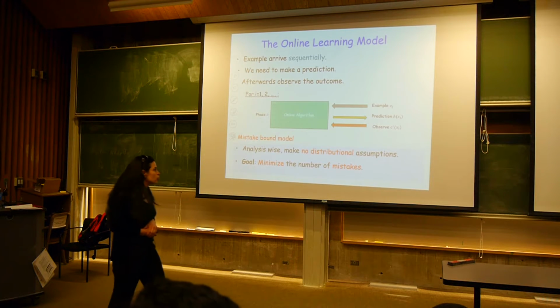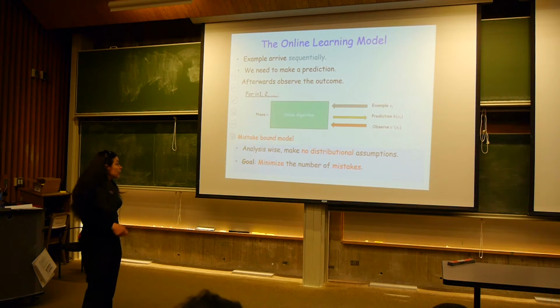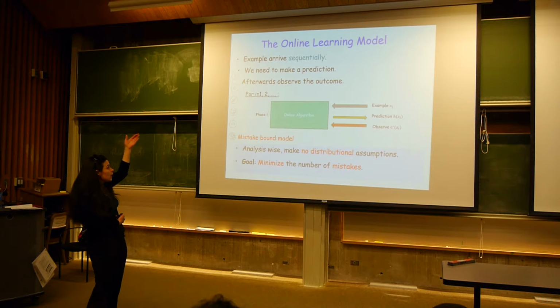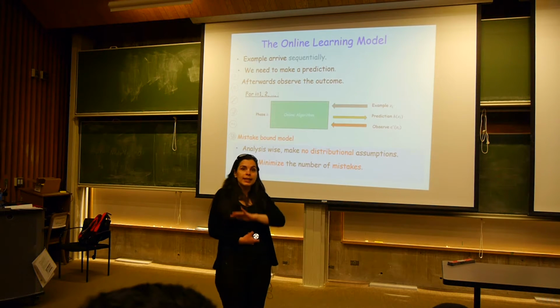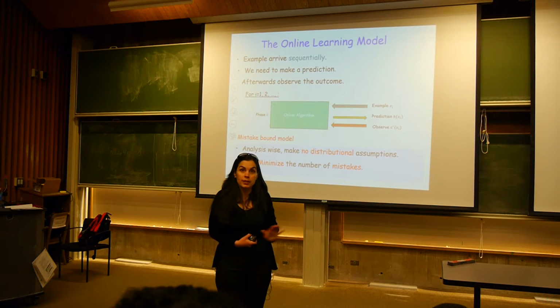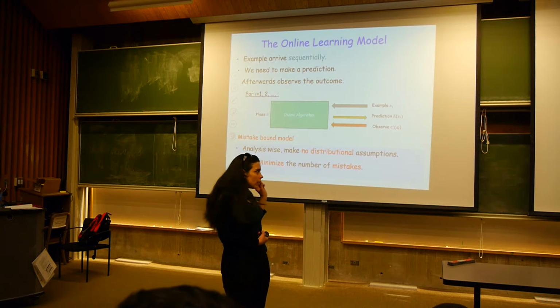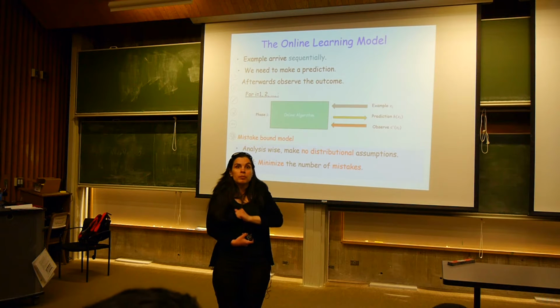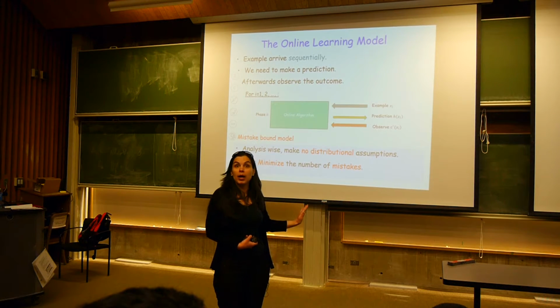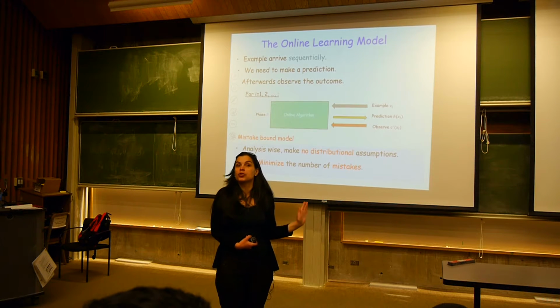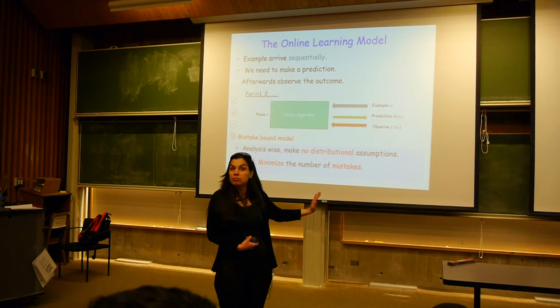And traditionally, in the original model, we no longer even make distributional assumptions. Throughout the course, we assumed that the data comes from some fixed but unknown distribution. Now, in the online learning model, in the extreme case, we think about worst case sequences. Assume that the examples that come by don't even come from a fixed distribution. It's a worst case sequence of emails.